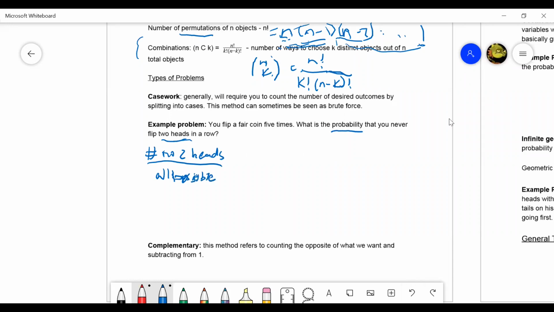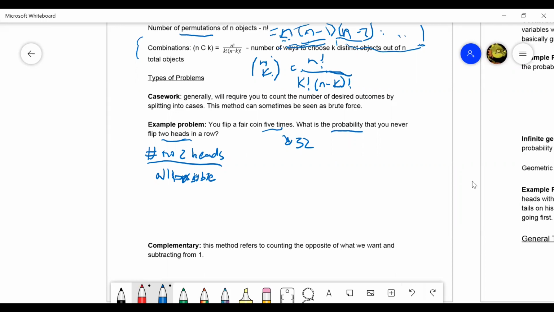And basically, since you're flipping a fair coin 5 times, there are going to be 32 possible outcomes, where each of the 5 flips can have 2 different values, heads or tails. So 2 to the 5th is 32, which means you just count the number of ones with no 2 heads in a row and divide by 32.